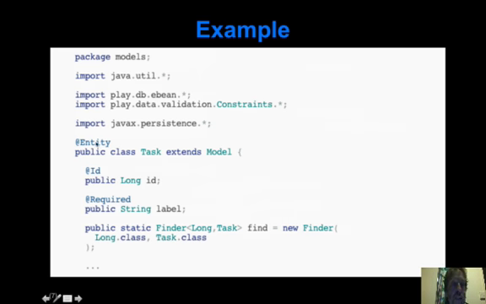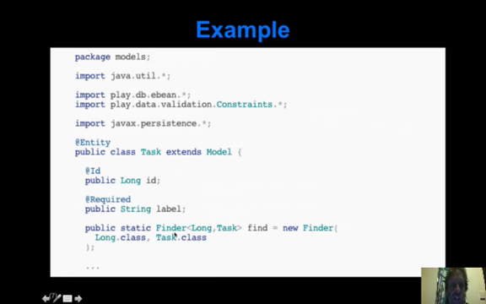And then we're going to use these annotations @Entity, @Id, and @Required in order to tell the object relational manager that this particular Java class should be a table in the database, and that this should be the primary key associated with each instance of this task class, that the label is required, and so on and so forth.